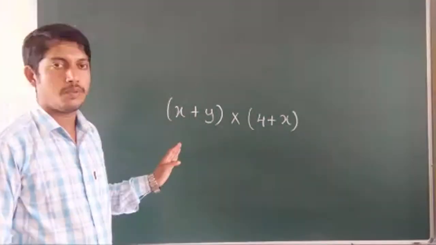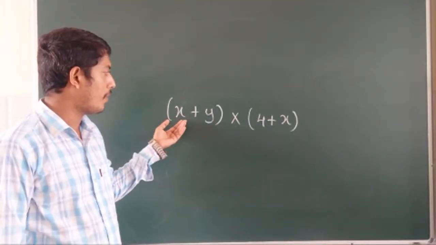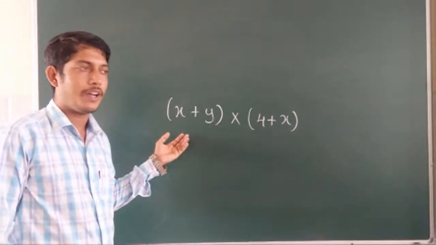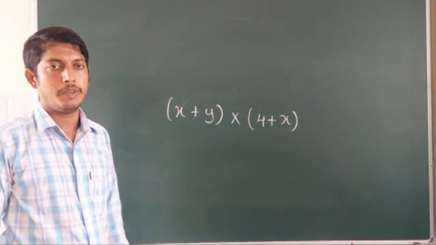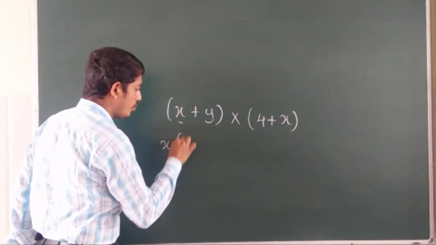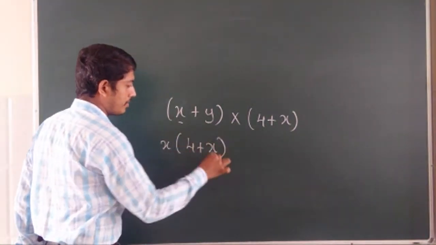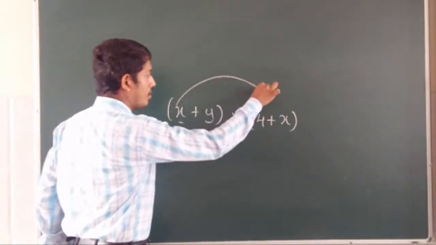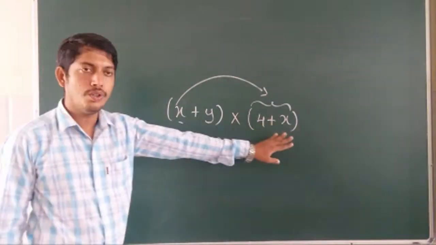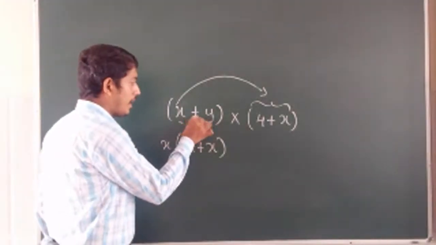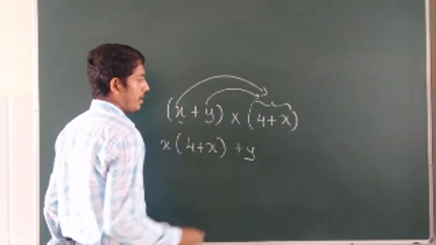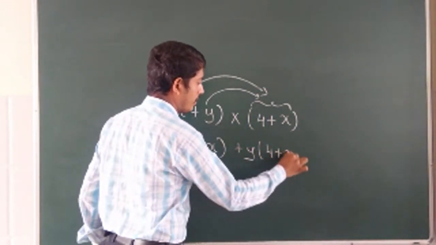So what we have to do is consider any one binomial and multiply each term of that binomial with the next binomial. That means I consider the first term of the first binomial, x into 4 plus x. Then next, along with the sign, plus y, you have to multiply it with 4 plus x.